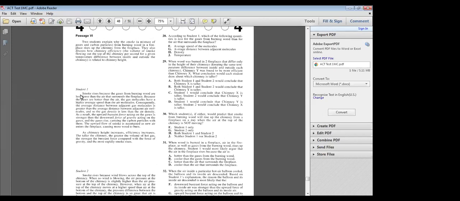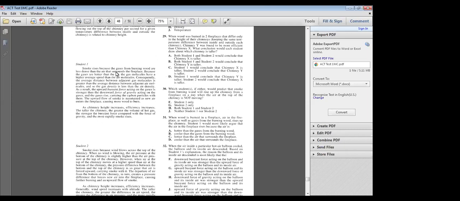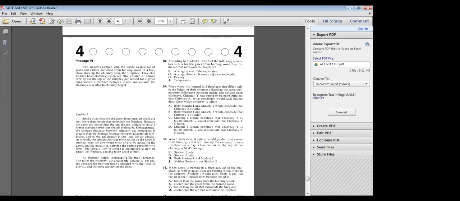And then we read the first sentence of student 1. Smoke rises because the gases from burning wood are less dense than the air that surrounds the fireplace. We'll read student 2. Smoke rises because wind blows across the top of the chimney. So we know that one is saying that it's about the density of the gases, and one is saying it's about the wind blowing across the top of the chimney.